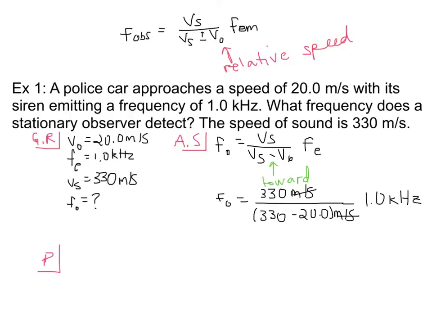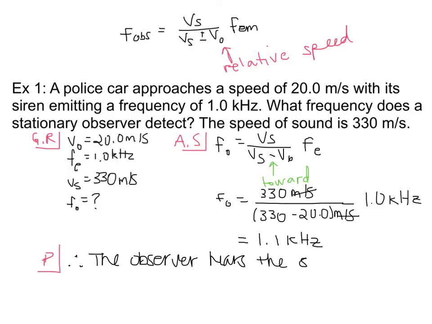And times 1 kilohertz, we get 1.1 when we round, in kilohertz. Therefore, the observer hears the siren at 1.1 kilohertz.